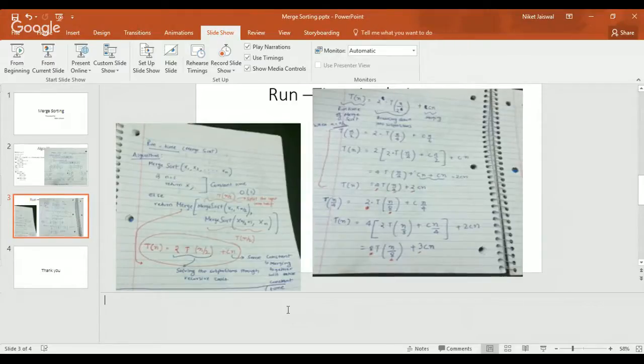So the most generalized term for T of n for merge sort would be 2 to the power of k times T of n divided by 2 to the power of k, close bracket, plus k into some constant cn. This is the most generalized term.